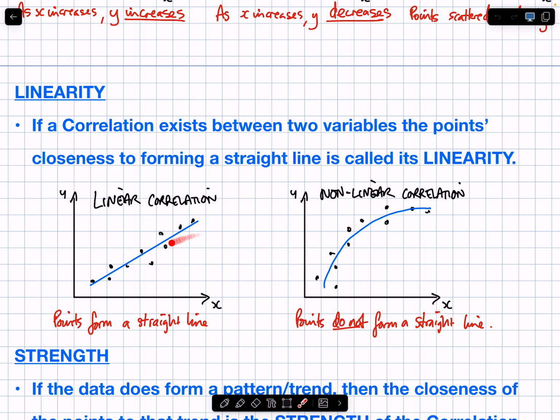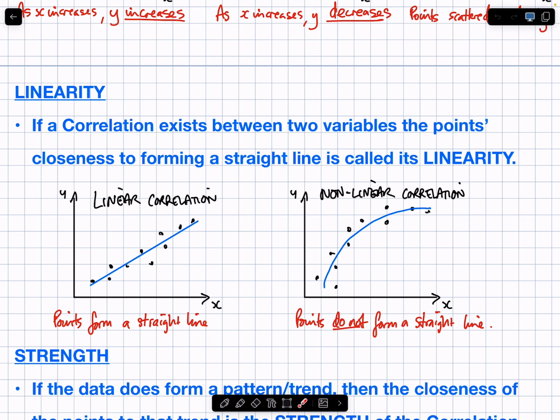What direction would this be? Right. Positive. Positive linear correlation. But here I've got some dots. They're randomly scattered. But if I wanted to trace a line through it, is it going to be a straight line or is it going to curve up and then flatten down a little bit?